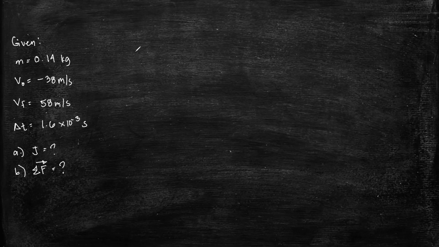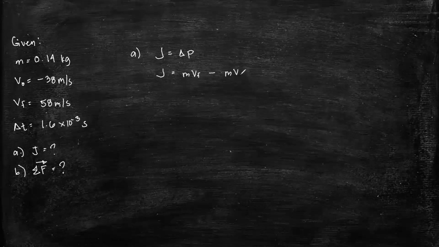Okay, to solve for letter A, the impulse, we will use our formula that the impulse is equal to the change in momentum. Therefore, we have mass times the final velocity minus mass times its initial velocity. So we can factor out the mass.